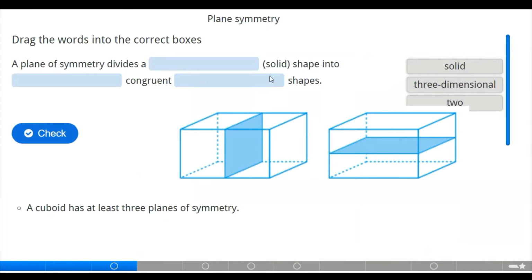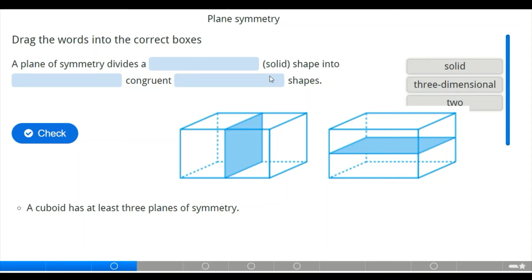Okay, now we want to look at the different types of symmetry that we have here. The first one is the plane symmetry. Now a plane of symmetry divides a three-dimensional solid shape into two congruent solid shapes. Now, remember we said that congruent shapes have corresponding sides equal and corresponding angles equal as well.